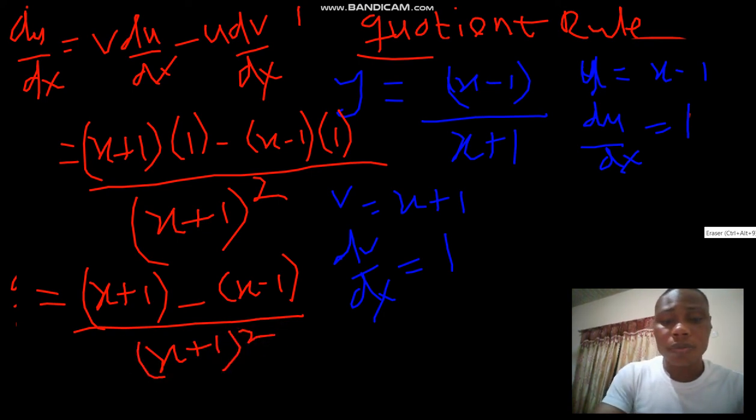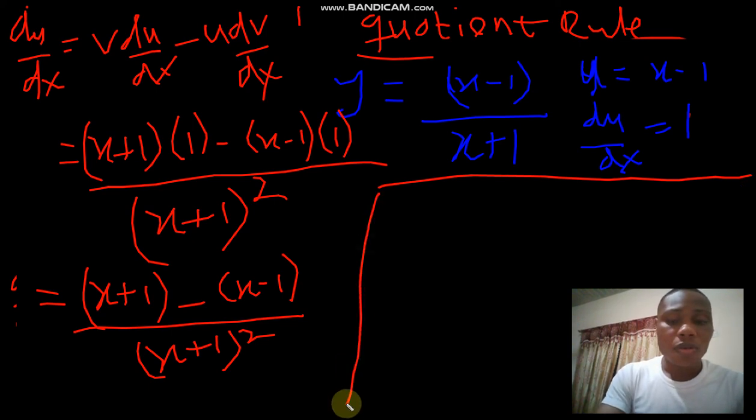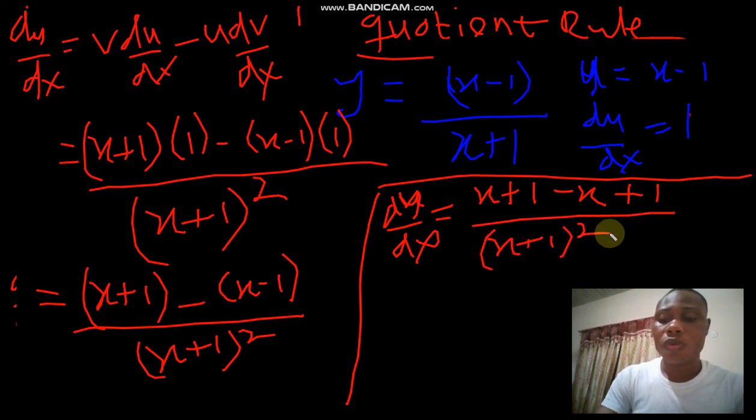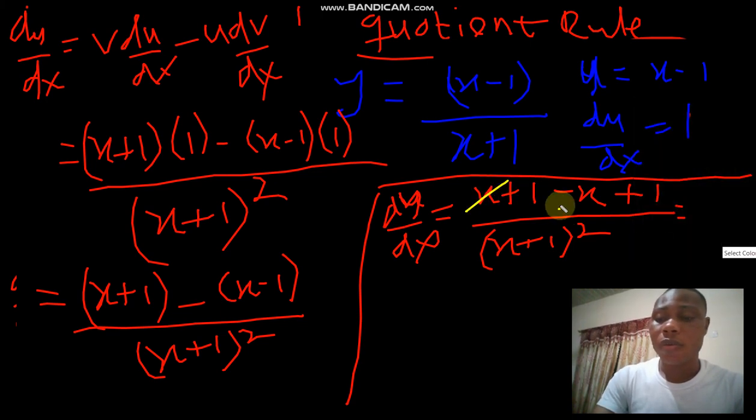So we can still continue. Let me just continue from this part. Our dy/dx can be equal to, if we expand the bracket, x plus 1 minus x plus 1 over x plus 1 all squared. Let me do the calculation. This x will take away this x, so I'll be left with the top being just 2.